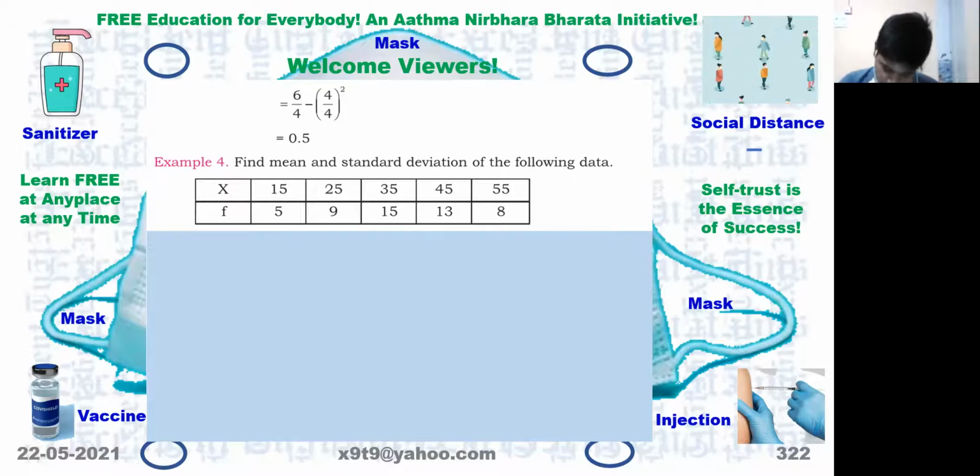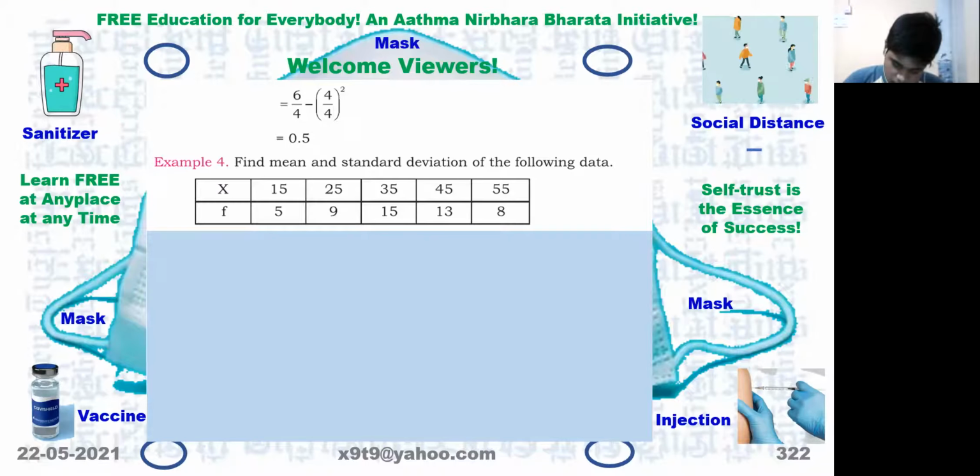So sigma fx square, 75,650 divided by sigma f, 50, is 1,513, minus 37 whole square. 144, sir.